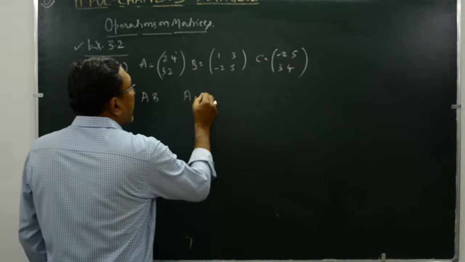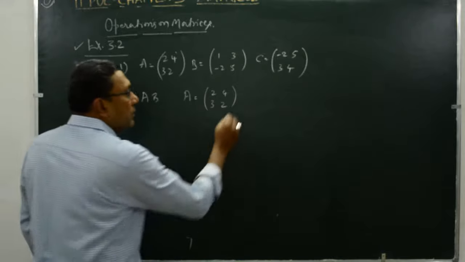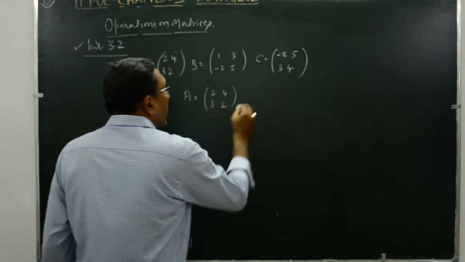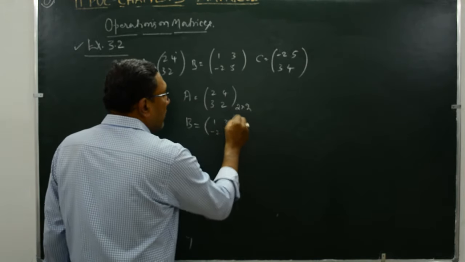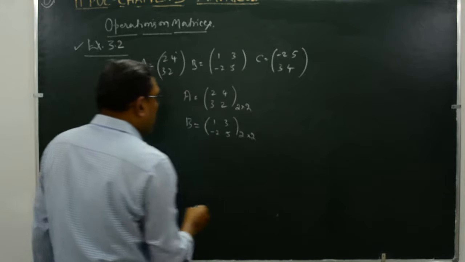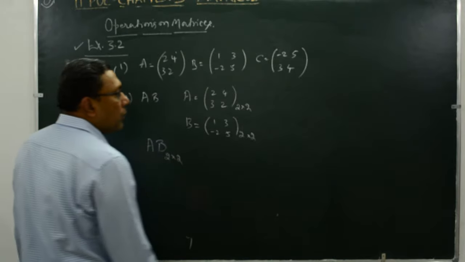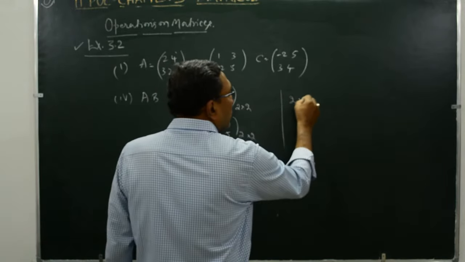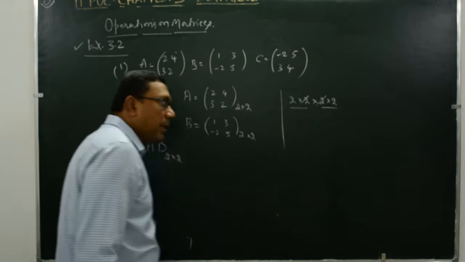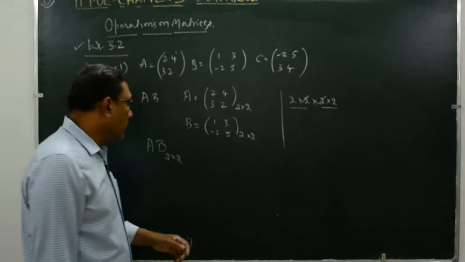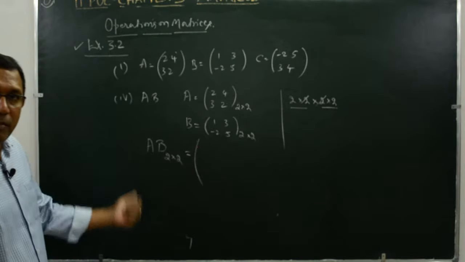A is a matrix [2, 4; 3, 2], which is of order 2 cross 2, and B is a matrix [1, 3; -2, 5], again 2 cross 2, and you get a resultant matrix of 2 by 2 only, because 2 into 2 multiplied by 2 into 2. So the resultant matrix will always be 2 by 2. Let us see, slowly we will do the multiplication of A and B.